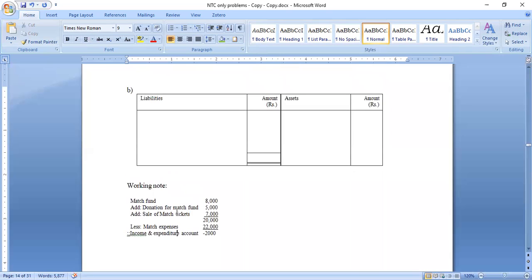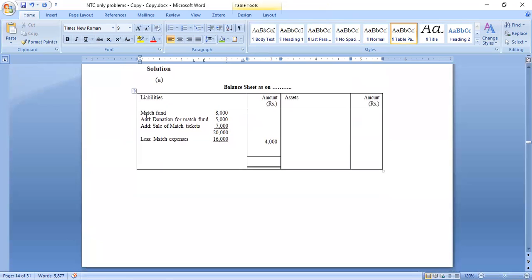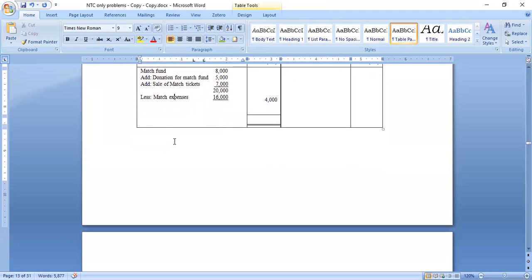If it is a surplus, we'll add it to the capital fund on the liability side. If it is a deficit, we'll deduct it from the capital fund. So this is the difference, if expenses are within the limit or if they exceed.